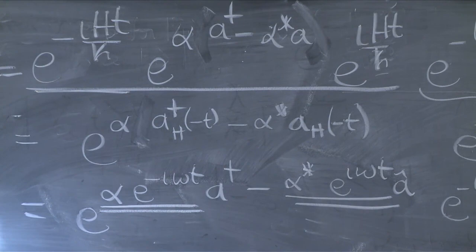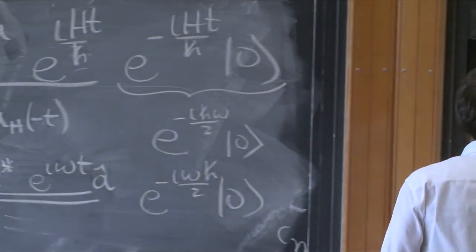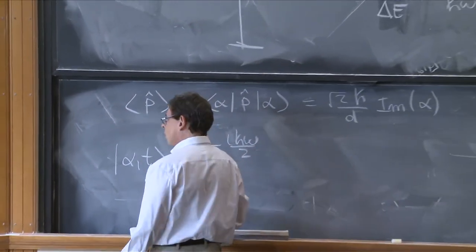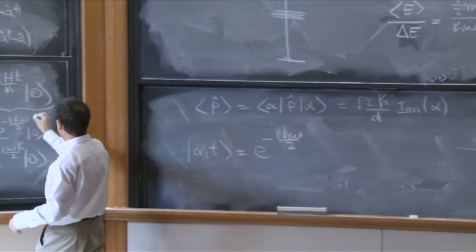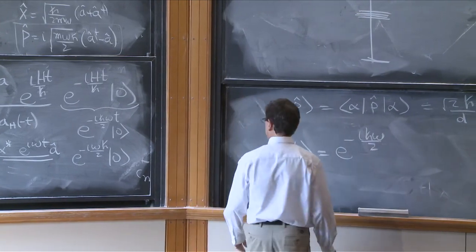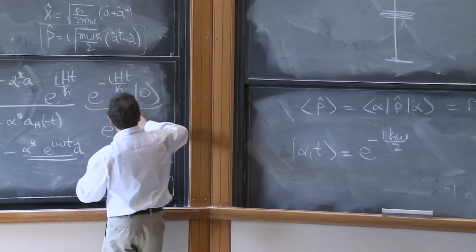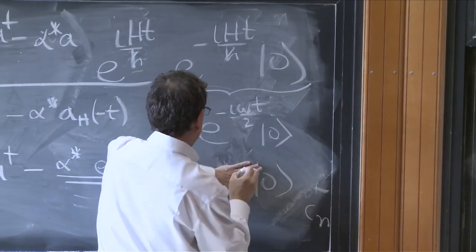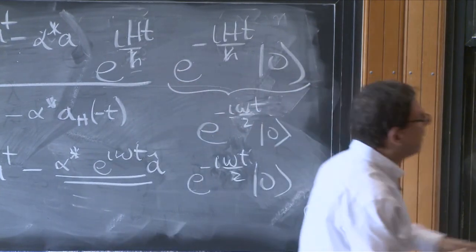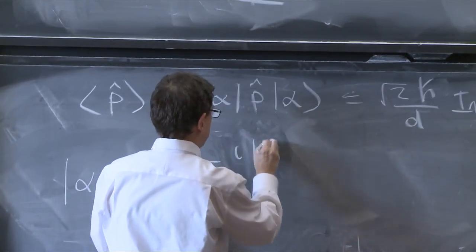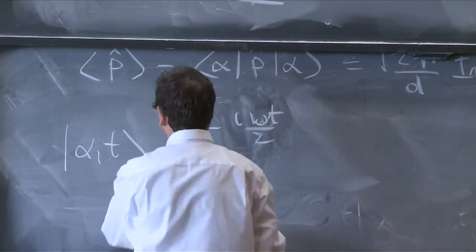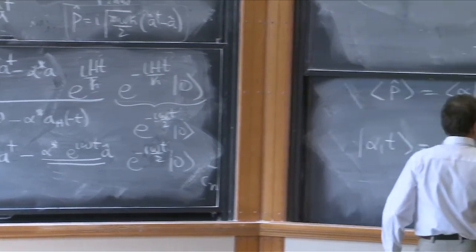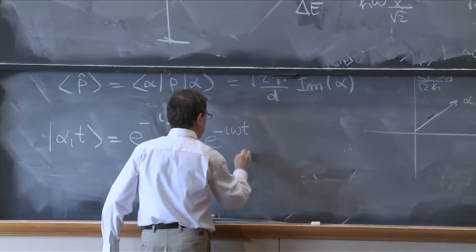So the only thing that has changed is that this state, alpha at time t, is e to the minus i omega t over 2 times the coherent state, the time-independent coherent state of value e to the minus i omega t alpha.